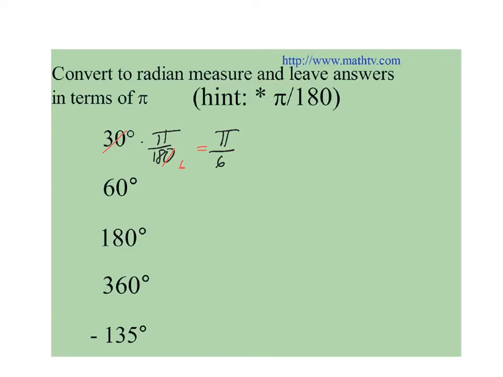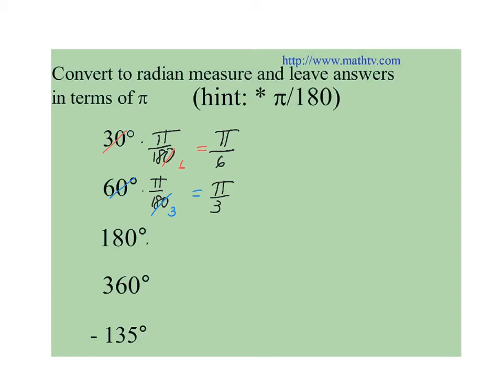If we take the second question, 60 degrees, again, multiply by pi over 180. Cross cancel, and we get pi over 3.